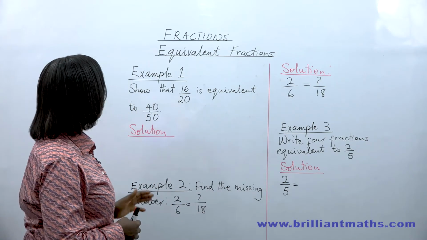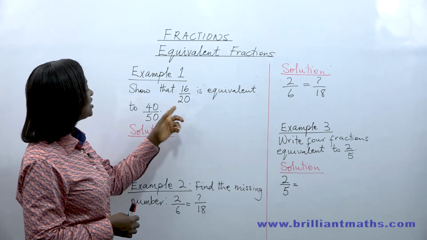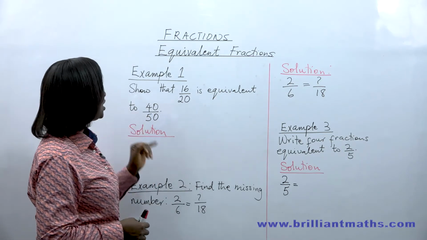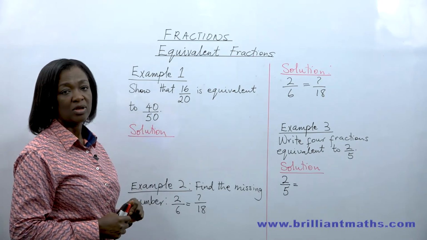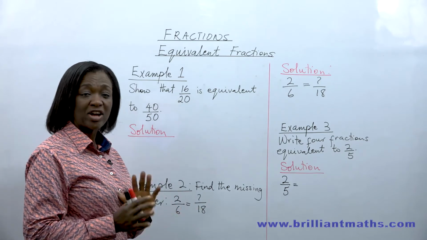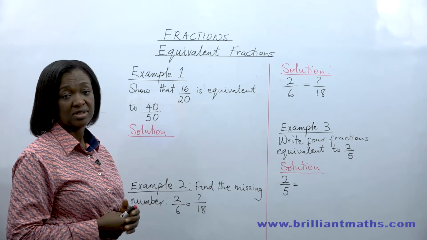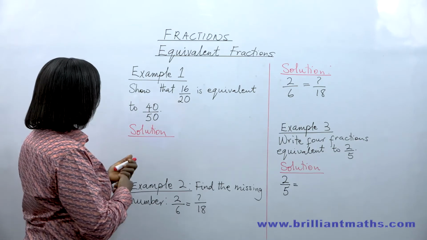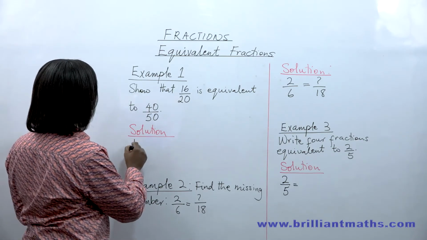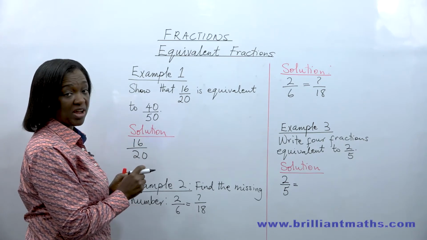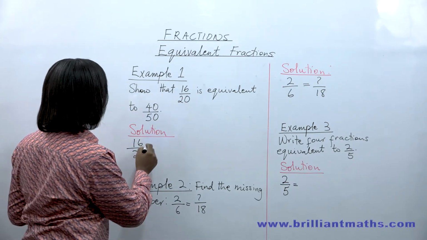So for the first example, it says show that 16/20 is equivalent to 40/50. So to show that 2 fractions are equivalent, you reduce both fractions to their lowest terms. It's as simple as that. So 16/20, both of them can be divided by 4. 4 is a factor of 16.